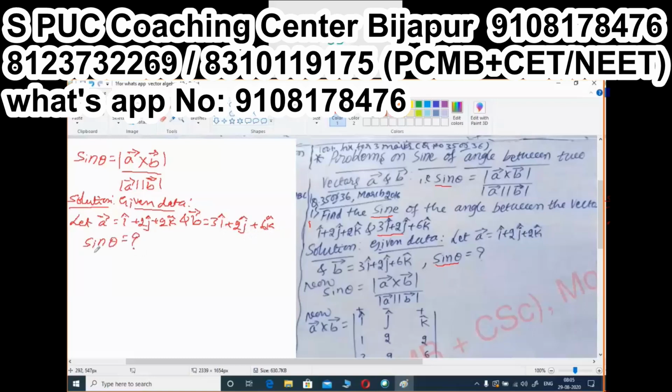Once again, as the formula for the sine of the angle between those two vectors, sin theta is equal to modulus of A vector cross B vector divided by modulus of A vector into modulus of B vector.